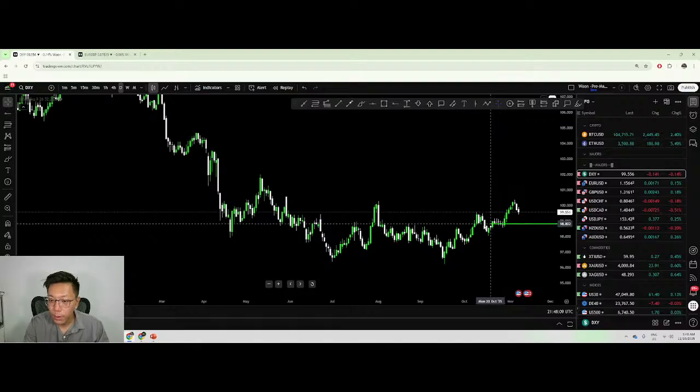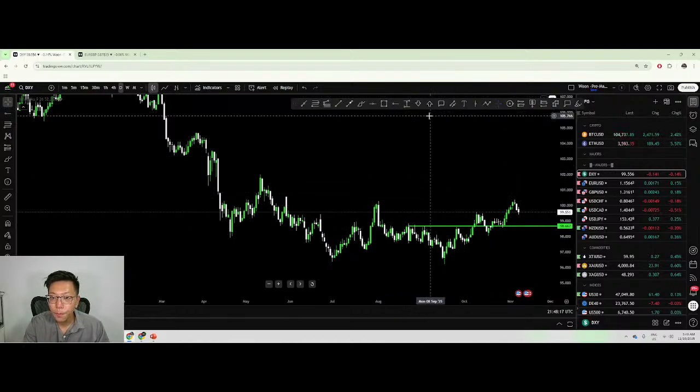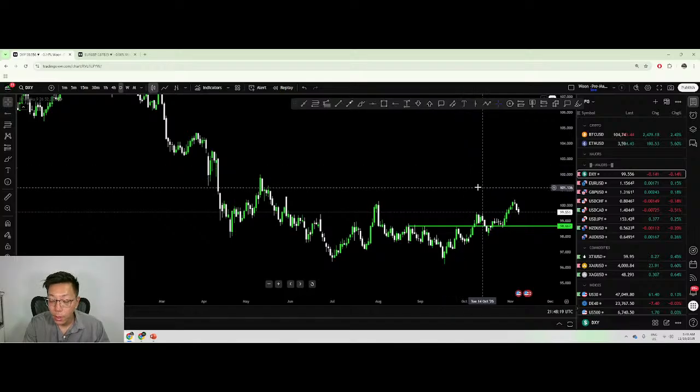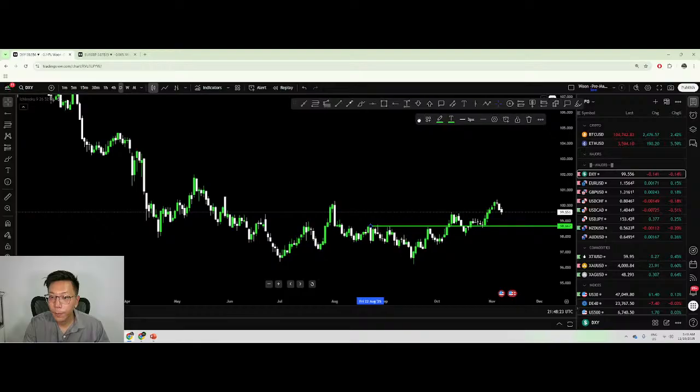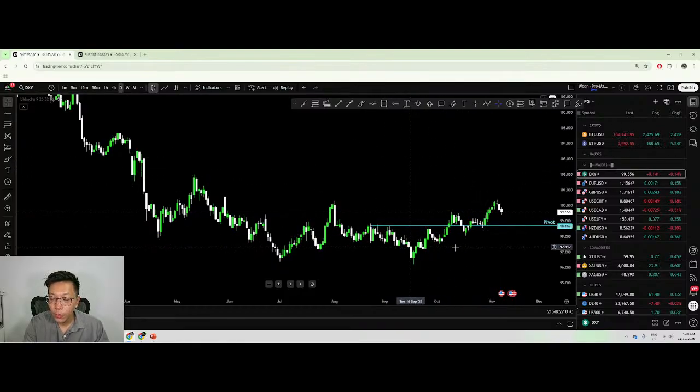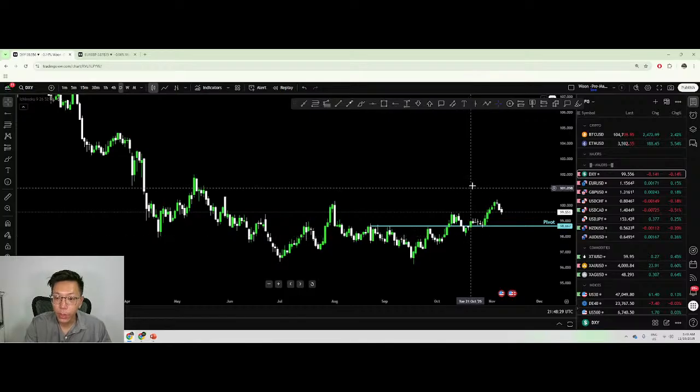I should use this instead, because we have multiple touches right here for DXY, and this should be my pivot area. So we will label this as my pivot area.